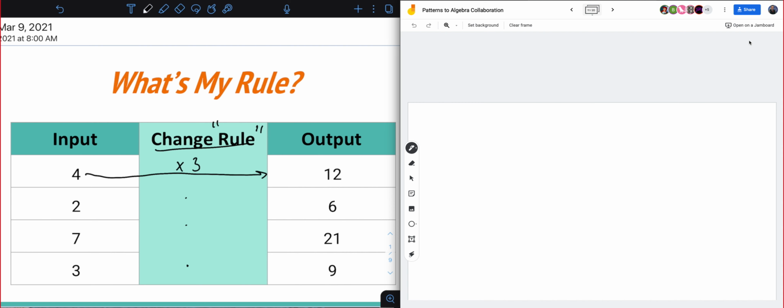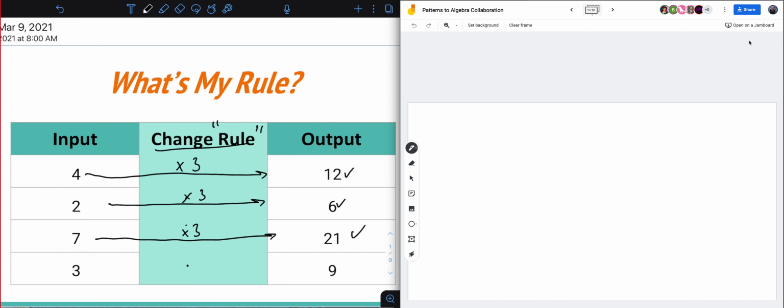And so then you check, does times 3, if I multiply 2 times 3, does it give me 6? Well, yes, it does. 4 times 3 is 12. You check it again here. 7 times 3, well, that's 21. Okay, we're good. Chances are if you get 3 of them, that's a good sign that you're on the right track. I would say if it's the same row for 3 of them, that's a good chance that it's right.